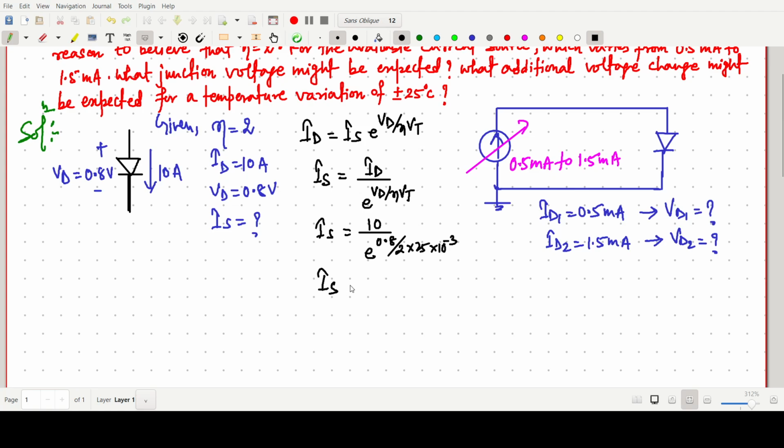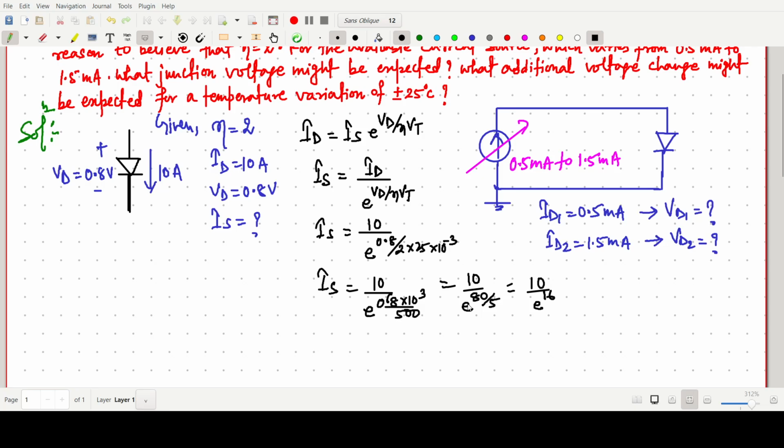If we solve this, it will come like 10 by e to the power 0.8 into 10 to the power 3 by 50. If we remove this decimal, it will be 800 by 50, so it should be simply e to the power 80 by 5, or we can write e to the power 16.